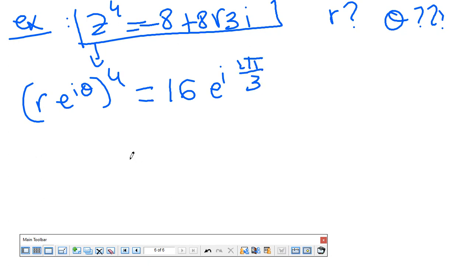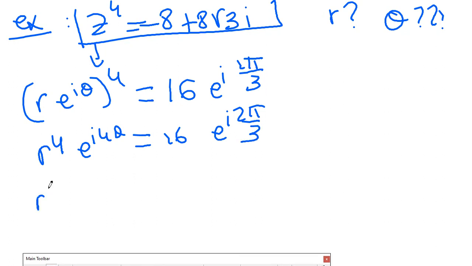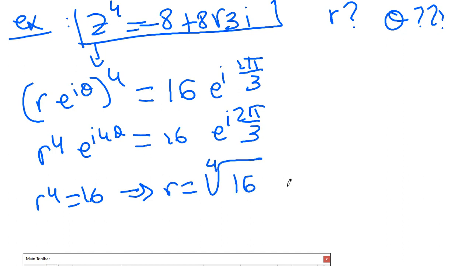And now I will compare. It means I have r^4 e^(i4θ) equal to 16 e^(i 2π/3). Then r^4 is equal to 16, which means r is the fourth root of 16, so it's equal to 2. How do we do that? Because 16 is 2 to the exponent 4.